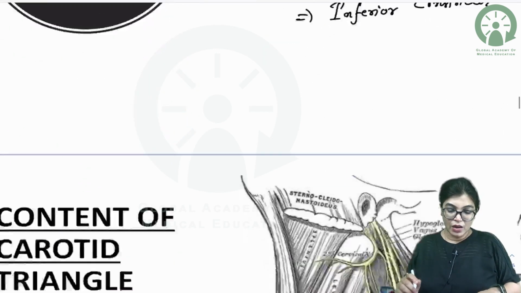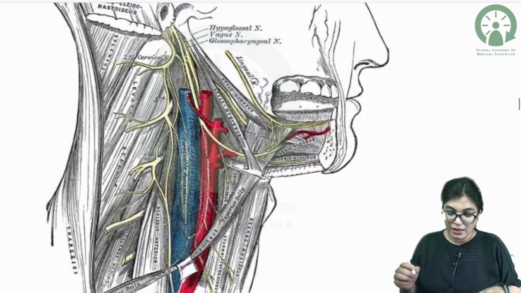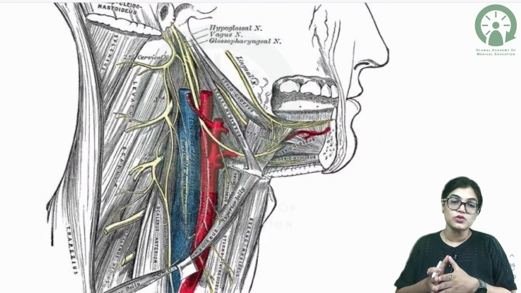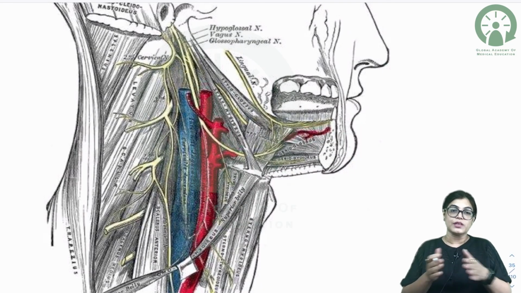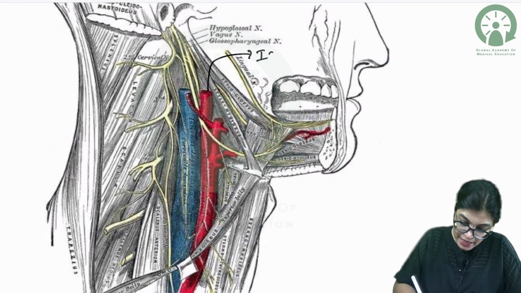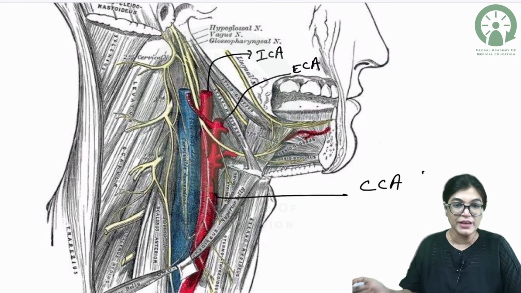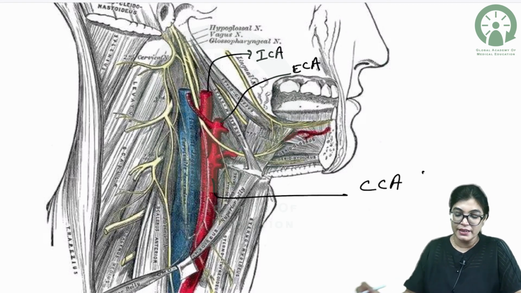Done. Now coming to the contents of the carotid triangle. In this diagram you can see the blue color structure is internal jugular vein and the red color structures are the internal carotid artery, the external carotid artery and the common carotid artery. Along with it, it has the vagus nerve, carotid sheath and its content and many other structures.